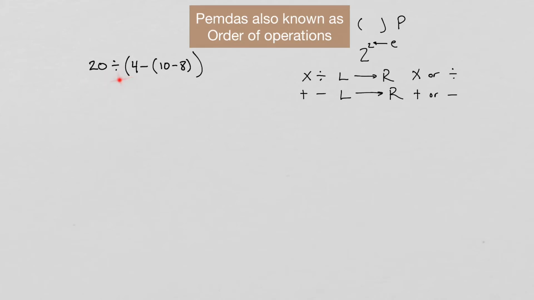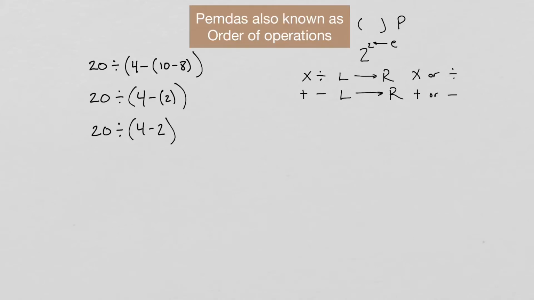Okay, 20 divided by (4 minus (10 minus 8)). Parentheses inside parentheses, very simple. You're going to do the very innermost parentheses first and work your way out. So that's 10 minus 8. Rewriting, we have 20 divided by (4 minus 2).